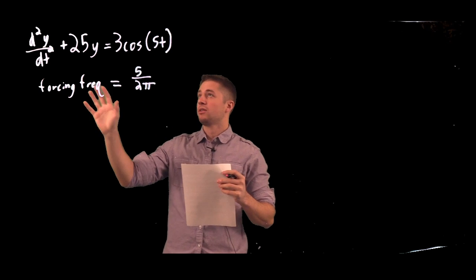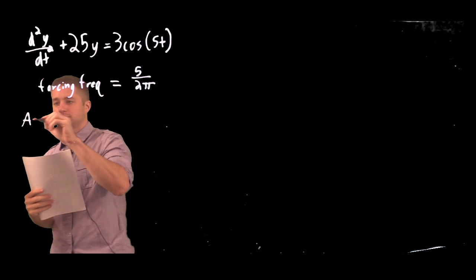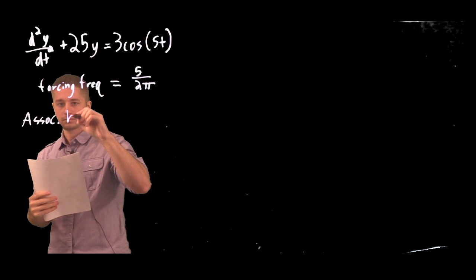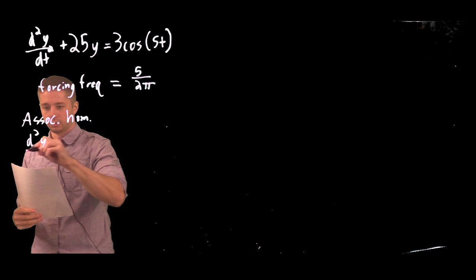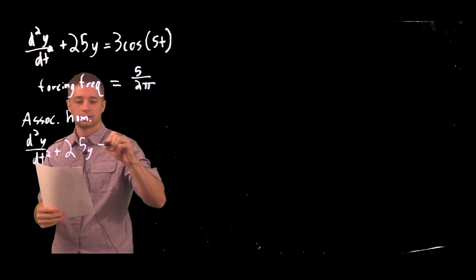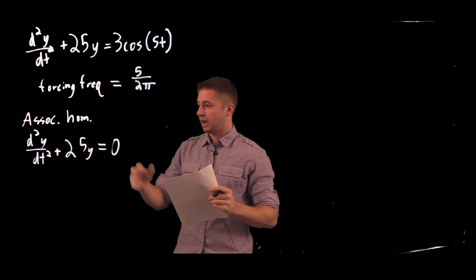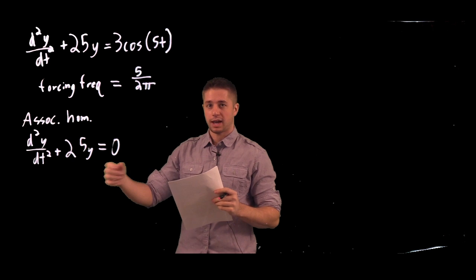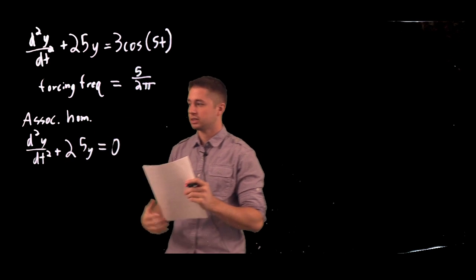So in order to solve this, we want to first solve the associated homogeneous problem: d squared y/dt squared plus 25y equals 0. As always, we solve this by guessing a solution of the form e to the lambda t, which gives us a characteristic polynomial.